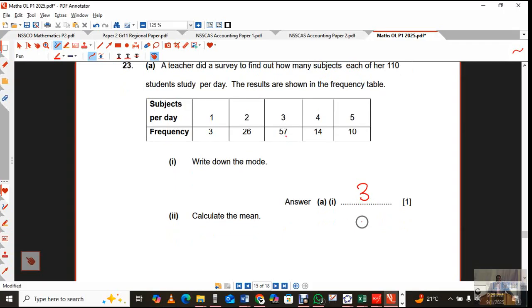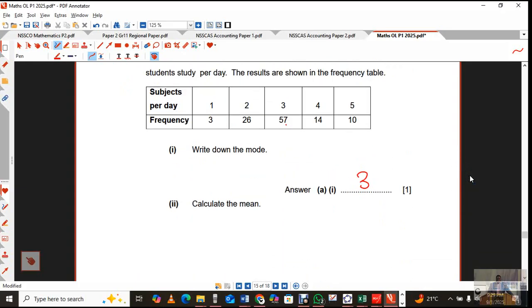Mean, of course, you're just going to add all of them together and divide by 110. But it's 3 marks for a reason. You're not going to say, how many of them study one subject?